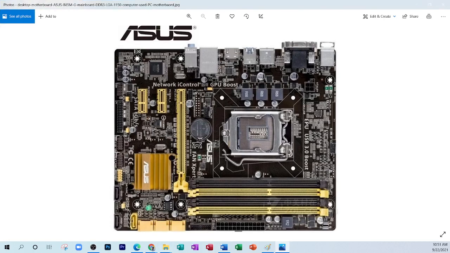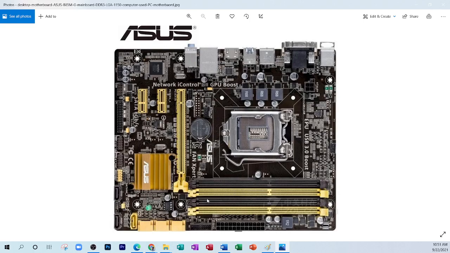So last week we talked about an image like this here. Anyone remember what this is? The motherboard. Good. And the CPU would be on it, right?